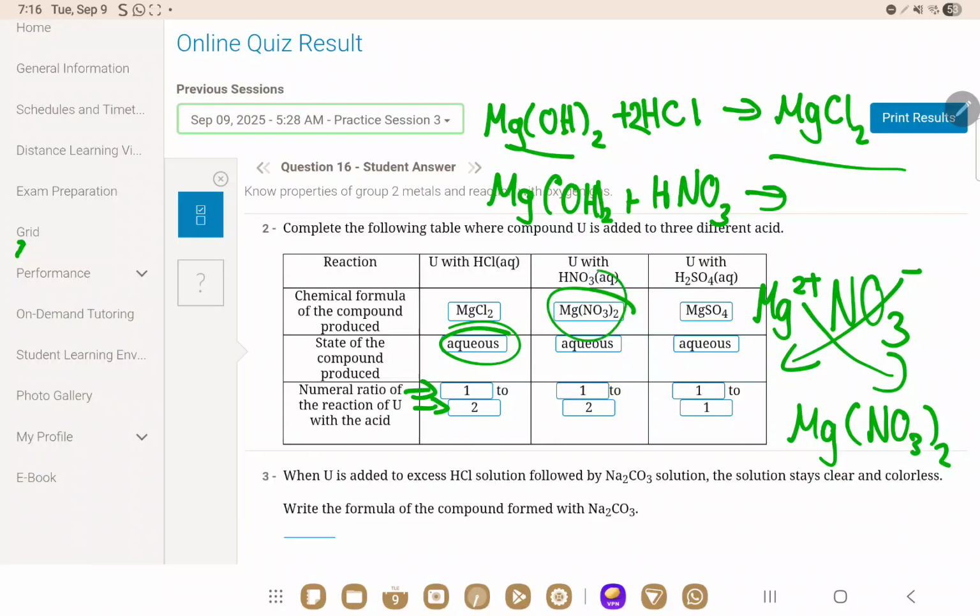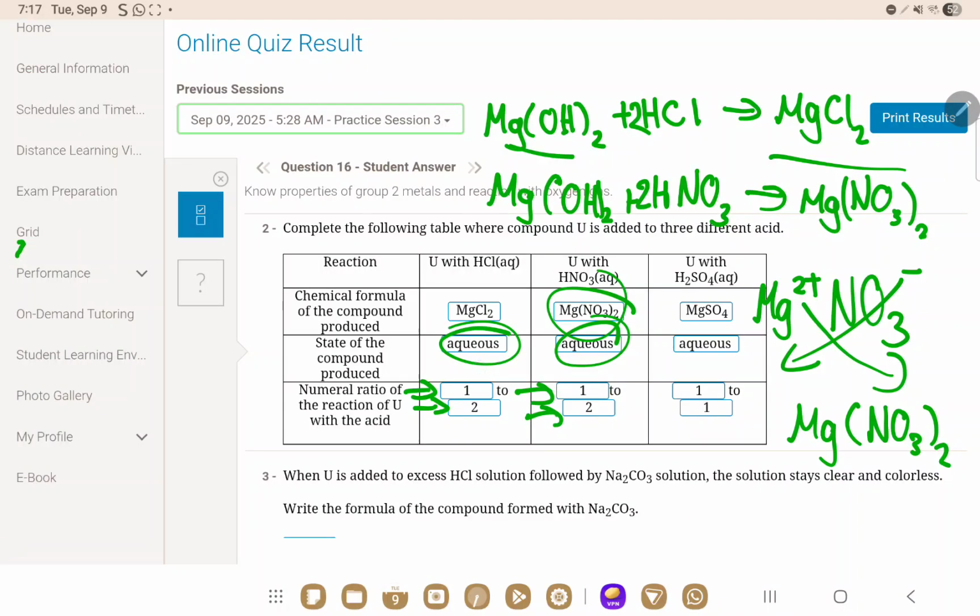So that's your product, also aqueous. So you need 2 HNO3 because now you have 2 moles of NO3. You're going to produce Mg(NO3)2 and water, but we don't care about the water. It's a ratio of 1 Mg(OH)2 to 2 HNO3.